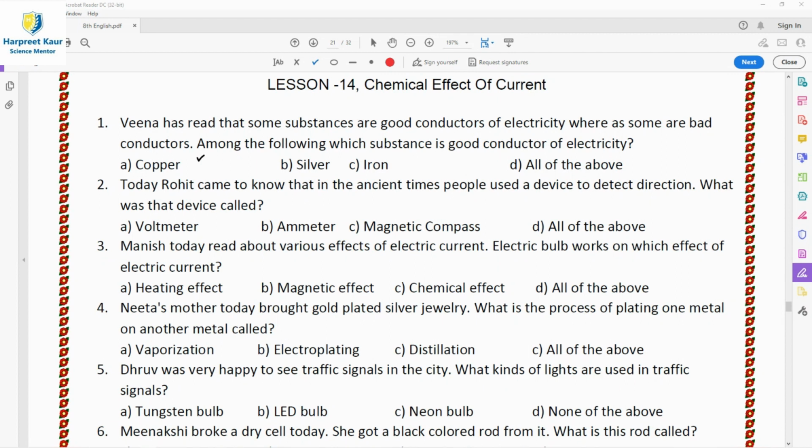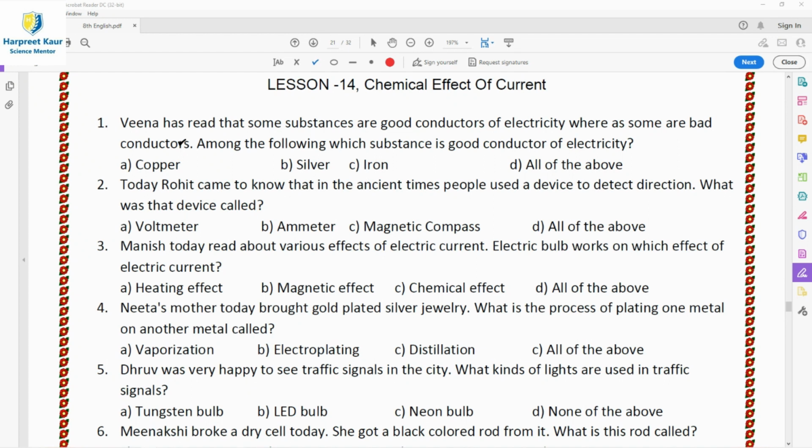So you must have read about conductors and insulators. Conductors are the materials which allow electric current to pass through them easily, and those materials which do not allow electric current to pass through them easily are poor conductors of electricity, and hence are called insulators. Examples of conductors are metals such as copper and aluminium.